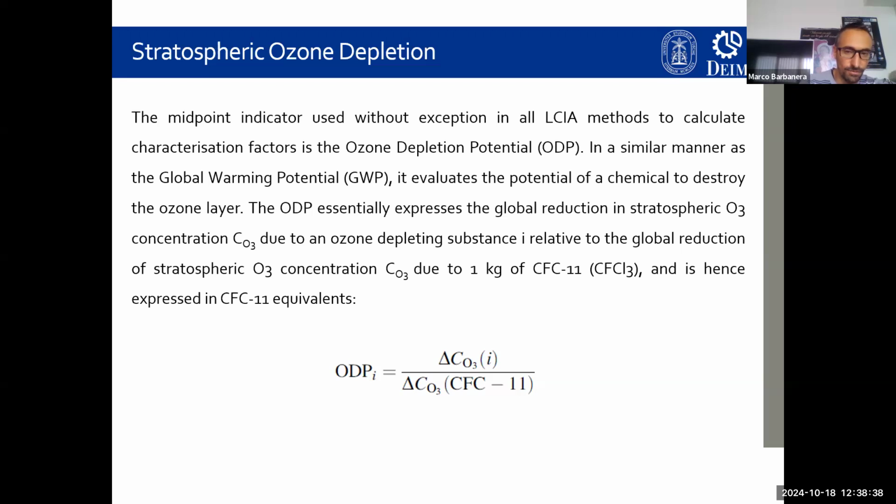CFC11 is the reference compound for the calculation of the characterization factor. So for climate change, the reference compound is CO2. In this case, the reference compound is CFC11. And so the typical unit for this kind of impact category will be CFC11 equivalent, okay? So for climate change, kilograms of CO2 equivalent; in this case, kilograms of CFC11 equivalent.